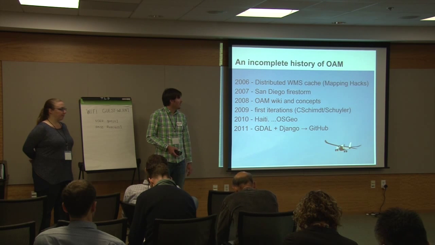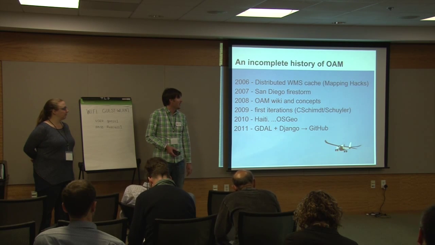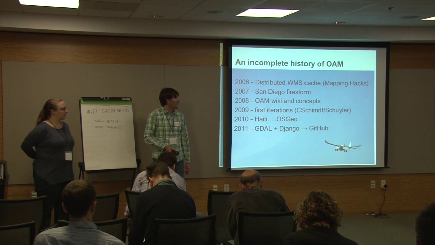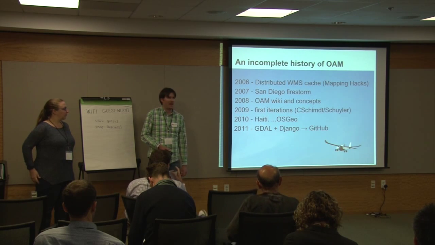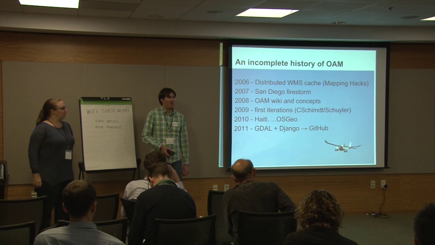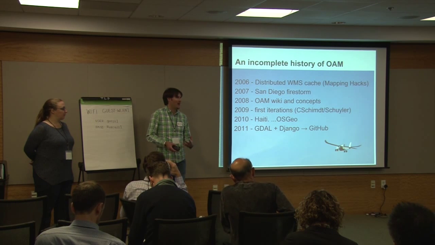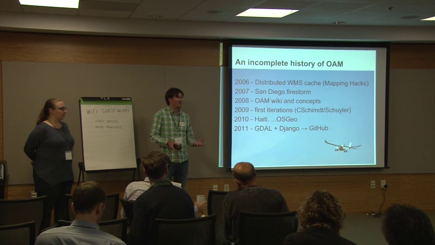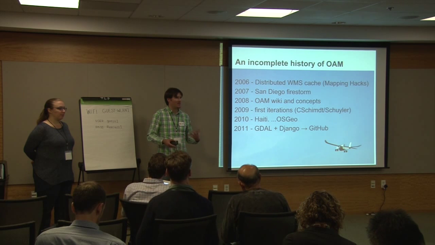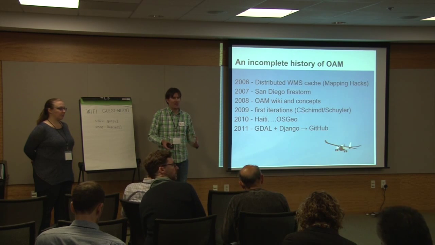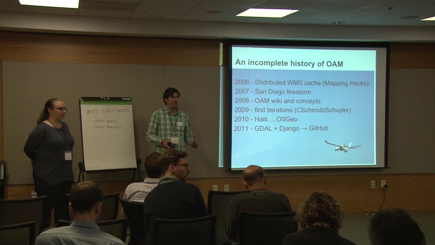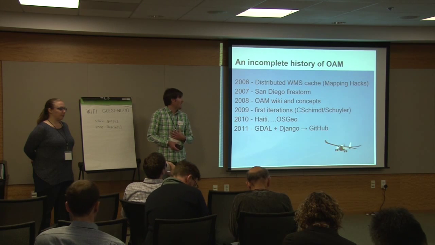And so actually Mikkel and I think a few other people from what was Mapping Hacks started thinking about a distributed way of having the same type of imagery, the same WMS, but in a distributed way. And so I think that was kind of the idea of how OpenAerialMap started.